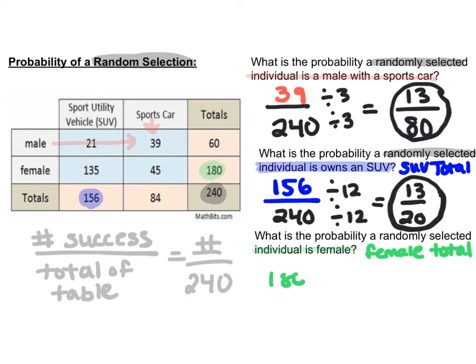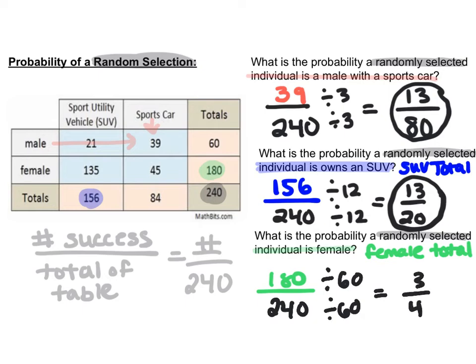So I'd have 180 over, again, remember it's randomly selected, which means I'm putting it over 240. So if I simplify 180 divided by 240, you can divide the top and bottom by 60 to give you 3 over 4. Now you may not necessarily simplify every example, but if you do, you need to make sure the fraction is in simplest form.